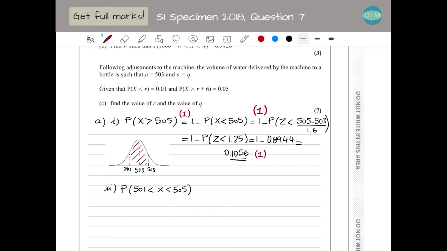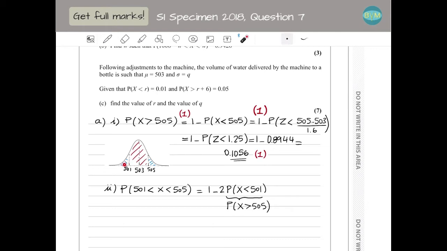This probability is going to be 1 minus twice this probability. Again, because I need probabilities to the left of the graph, I'm going to do 1 minus, so the red area, that's what I need, is 1 minus 2 times, because this is symmetrical, the probability that X is smaller than 501, or 2 times the probability of X being greater than 505, because they are the same probability.